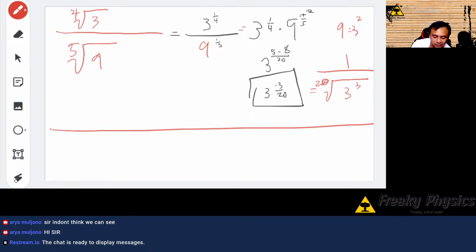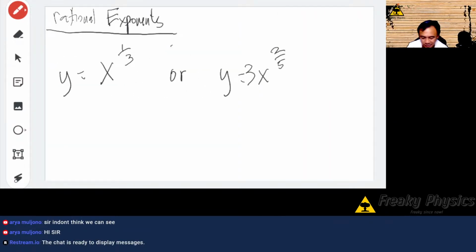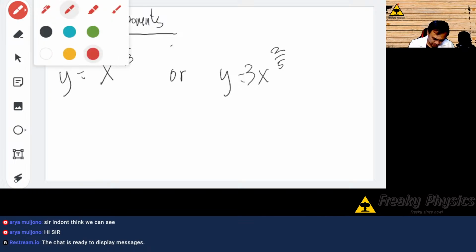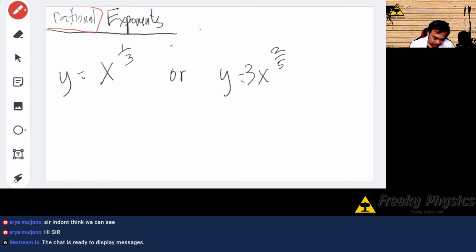So let's start from slide one. Ariana's topic was about rational exponents. Whenever we say the word rational in math, this means fraction. Why? Because rational comes from the word ratio.